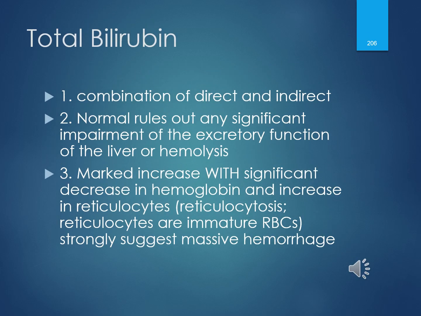Total bilirubin is a combination of direct and indirect. Normal rules out any significant impairment of the excretory function of the liver or hemolysis. Marked increase with significant decrease in hemoglobin and increase in reticulocytes, reticulocytosis. Reticulocytes are immature red blood cells, strongly suggest massive hemorrhage.